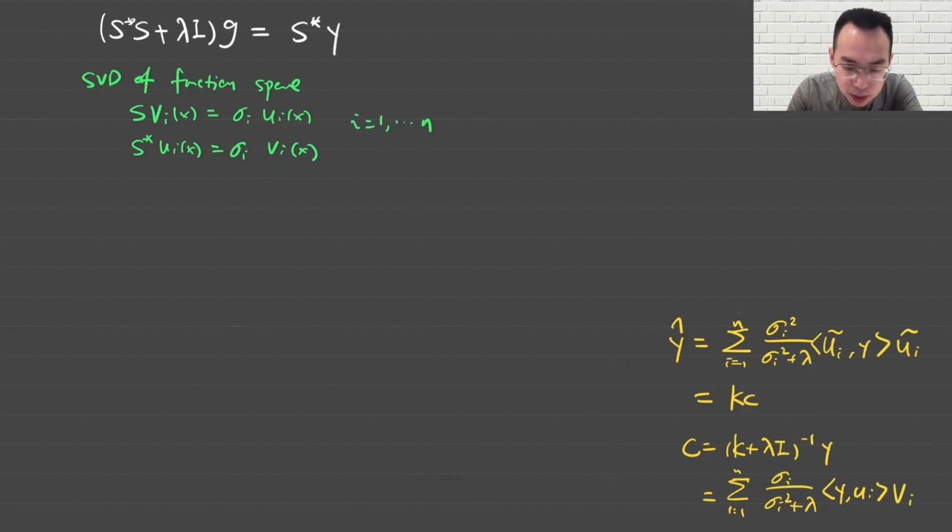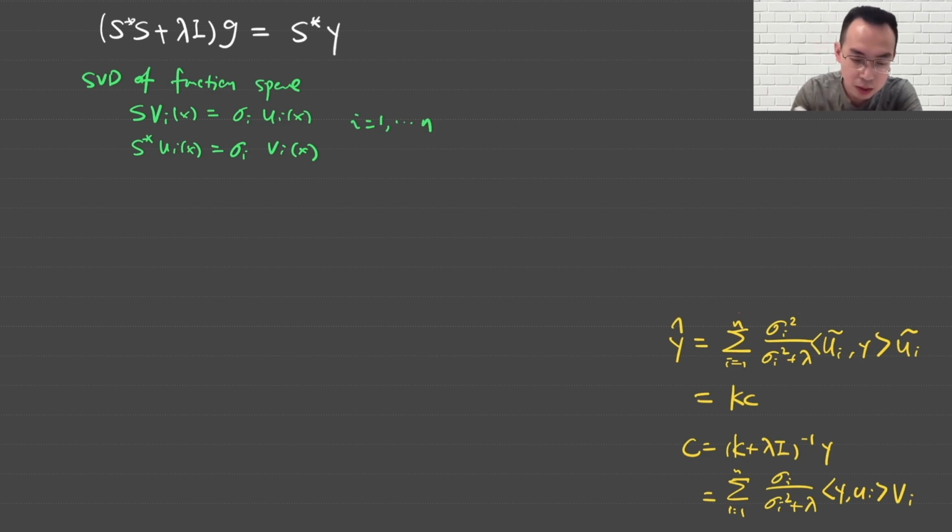The reason is that this S operator maps the function into an n-dimensional vector. So that's the rank of this operator S star S, and that's why we only have n independent components.